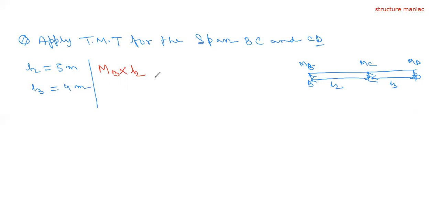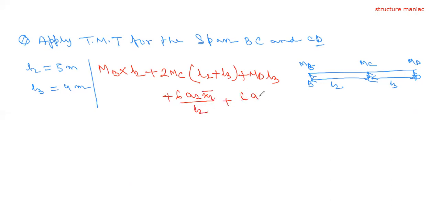So MB into L2 plus twice MC into L2 plus L3 plus MD into L3 plus 6 A2 X2 bar by L2 plus 6 A3 X3 bar by L3 is equal to 0.